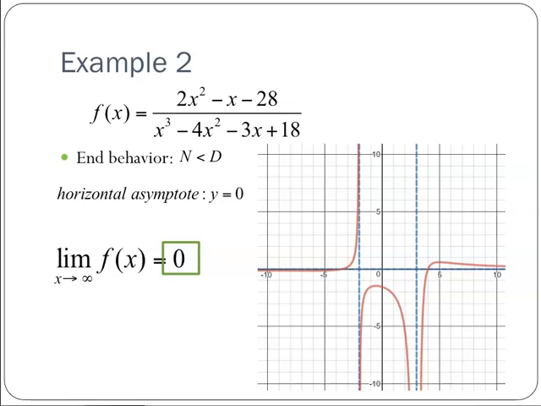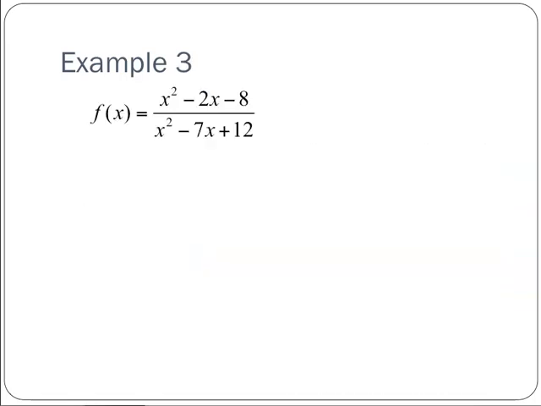Take a look at the next example. We have x squared minus 2x minus 8 all over x squared minus 7x plus 12. Again, we're going to look at the end behavior, and to determine it, compare the degree of the numerator and the denominator. In this case, they are the same. When the degrees are the same, the horizontal asymptote that determines the end behavior is the leading coefficient divided by the other leading coefficient, in this case 1 over 1.